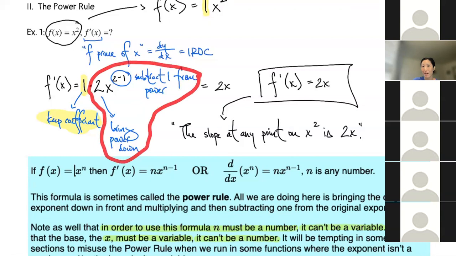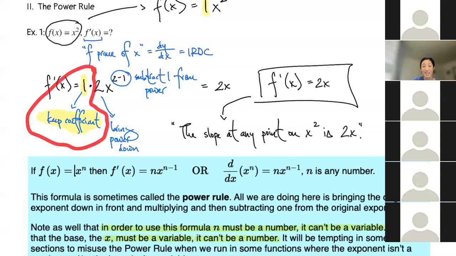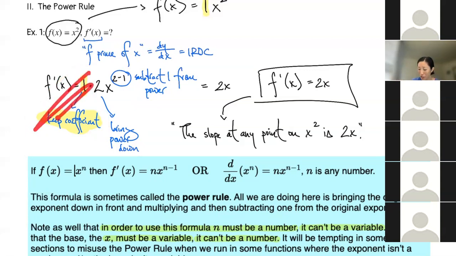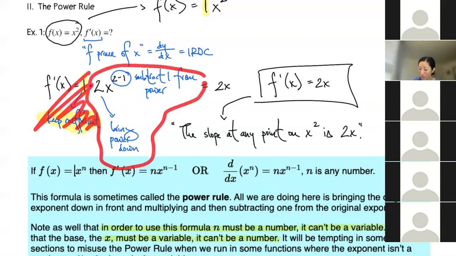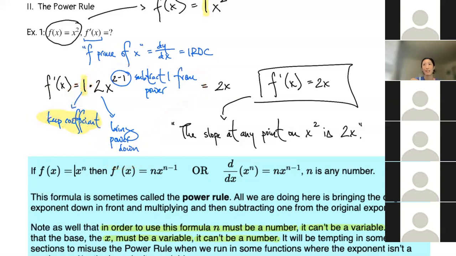Okay, bring the power down, subtract a power. Yes, and so we're going to talk about that in a little bit. What happens when this number is not just 1? I just wanted to point that out. I'm sorry if that brought more confusion. If it's confusing, let's just ignore this for the next 5 minutes. Let's practice some regular power rule, and then let's come back and talk about what that coefficient does.